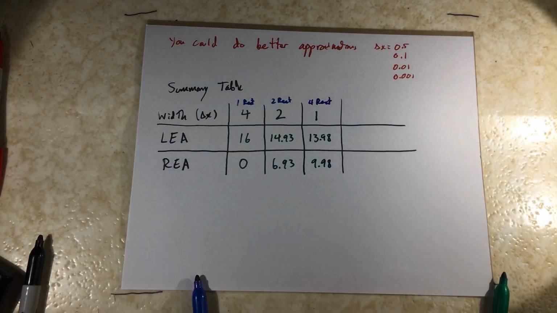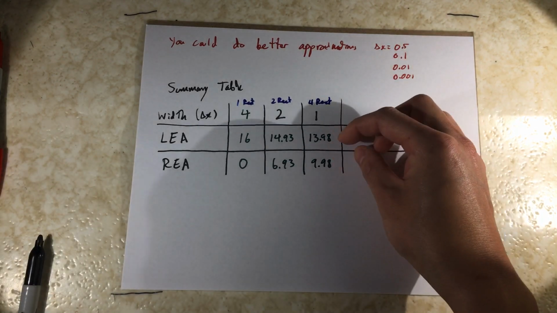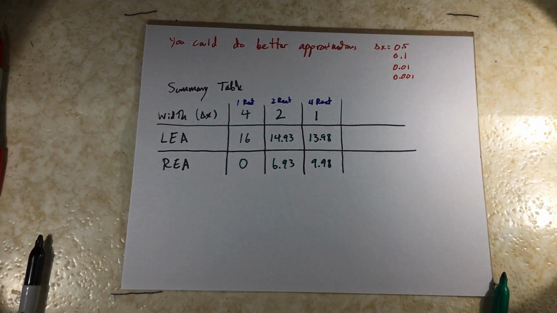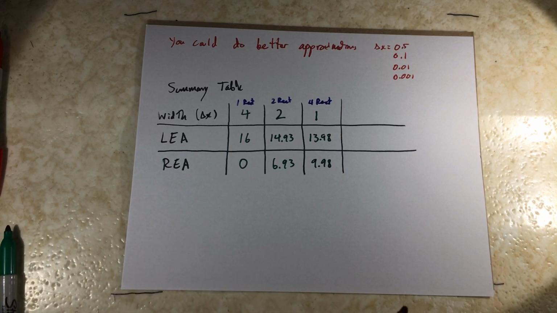So you can see that they are getting closer together, but you might not be too satisfied with a gap of about 4 units. The answer is somewhere in that 4-unit gap between those two values. So what I did is I actually solved for this.